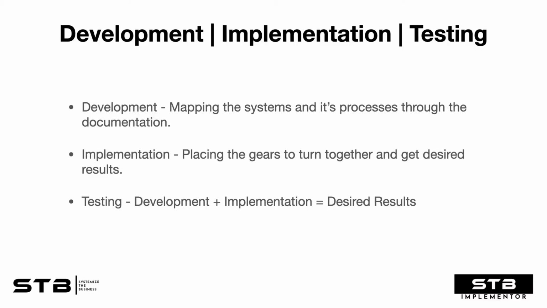And so development, implementation, and testing. Development: mapping the systems and its processes through the documentation. Implementation: placing the gears to turn together and get the desired results. So development plus implementation, with testing, should equal the desired results that you want. That's why my clients usually work with me for about 6-7 weeks figuring out a system and also implementation.